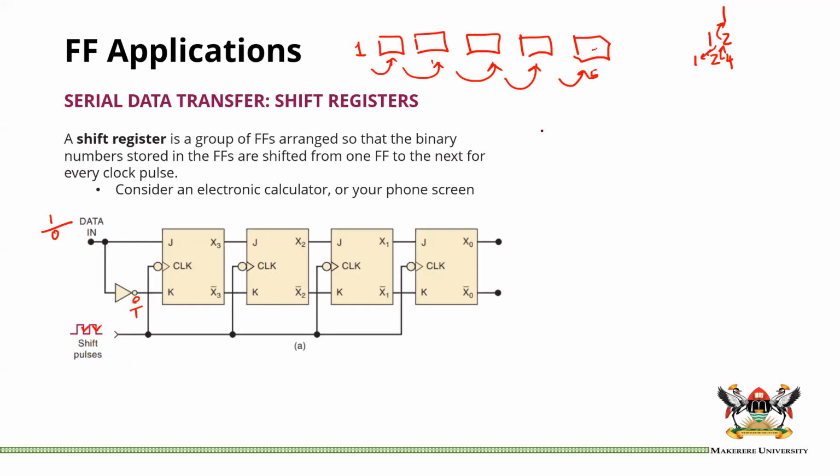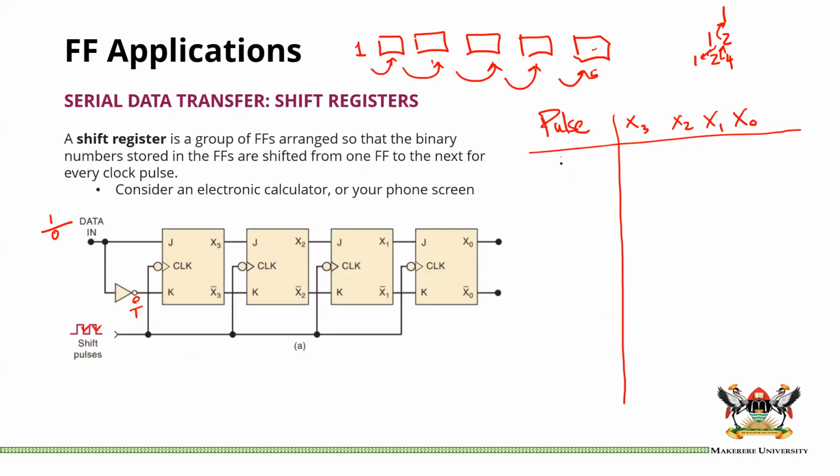So let us do a simple truth table, pulse. Now you can see that the input here, the data is being fed into X3. So X3, X2, X1, X0. Initially, 0 is initial. We can say that they were cleared.